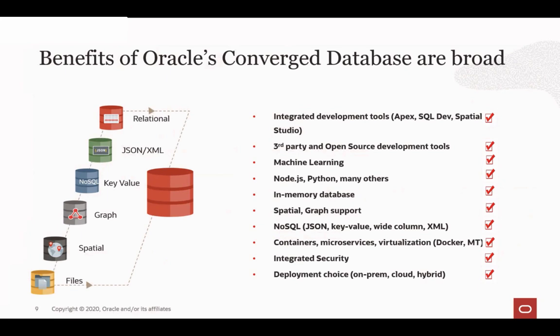You do not have to move the data for machine learning. You just move algorithms. The programming languages and the web frameworks are pretty native and consume Oracle Converged Database to empower the development frameworks.